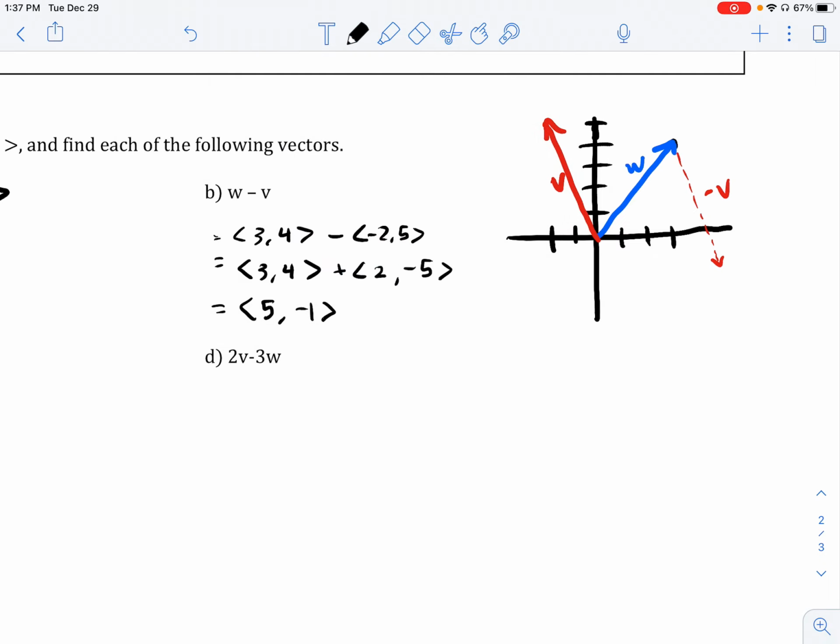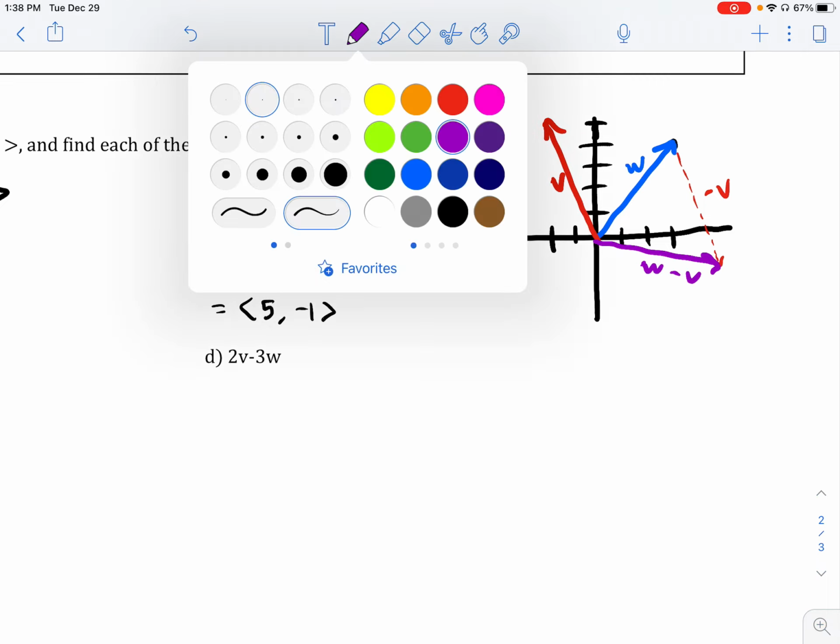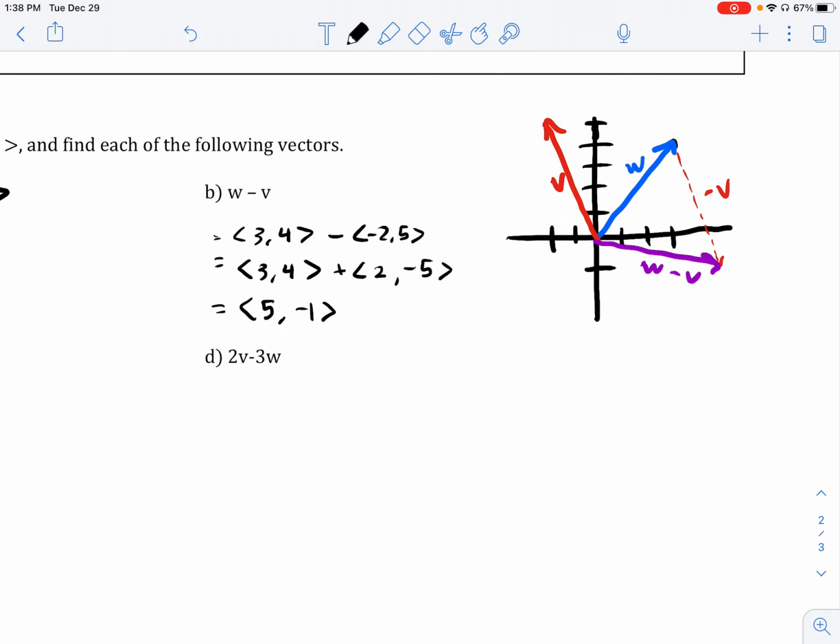Our final vector, w minus v, should look like this. There's w minus v, and we can see that we're actually pretty accurate. Our final answer was 5, negative 1. And this was just a rough sketch, but you get the idea. So we can see w minus v gives you a resultant vector that ends with the terminal point 5, negative 1. We see it mathematically here, and we can also see it graphically as we've drawn.